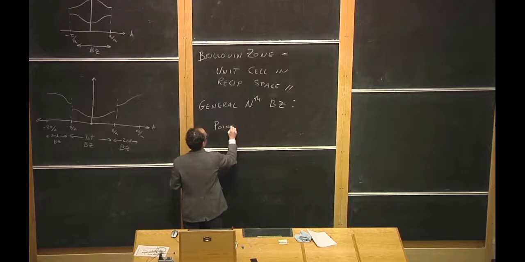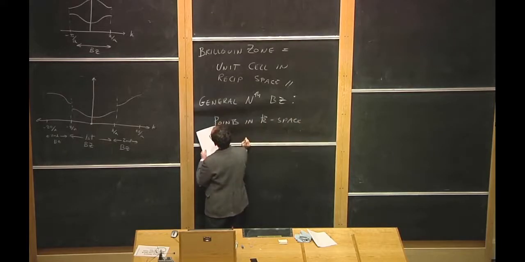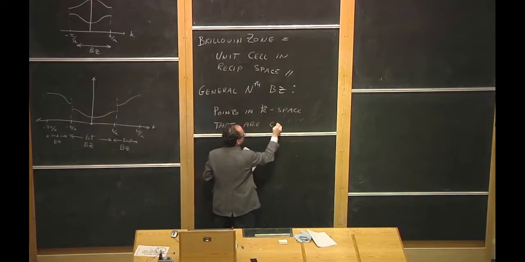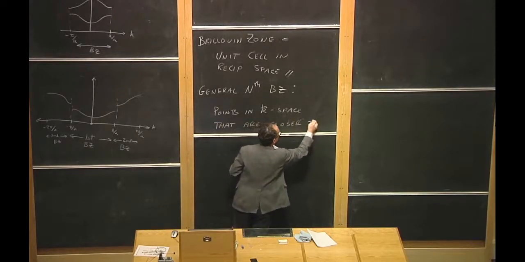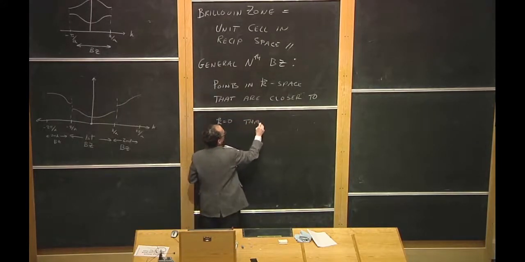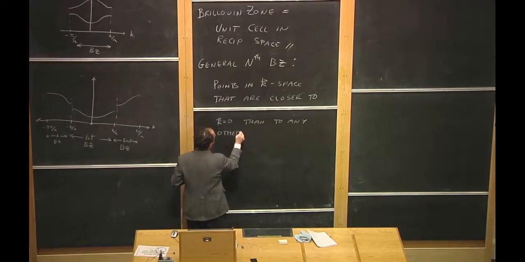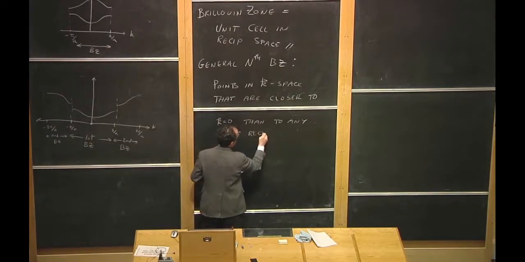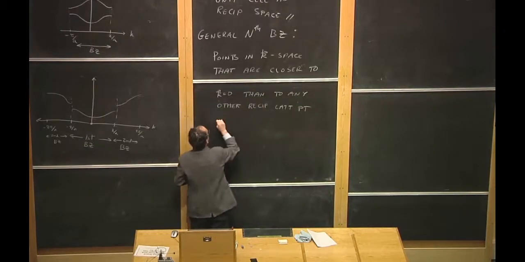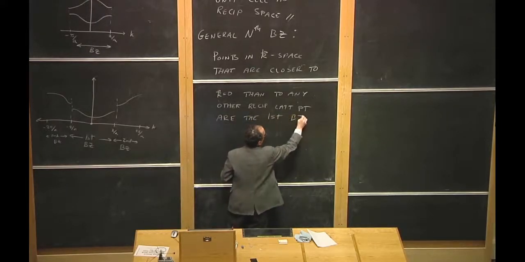Points in K space that are closer to K equals 0 than to any other reciprocal lattice point are the first BZ.